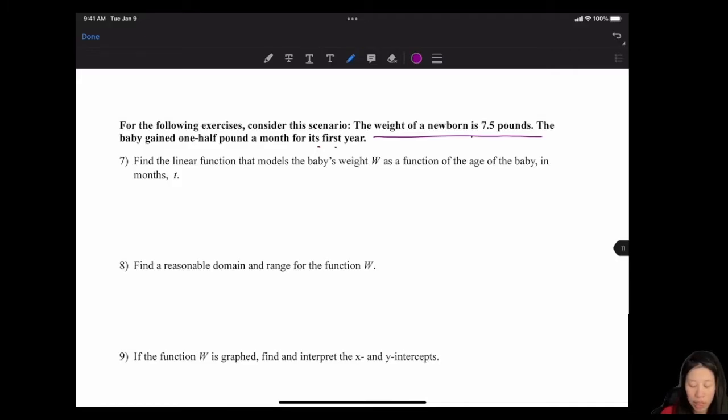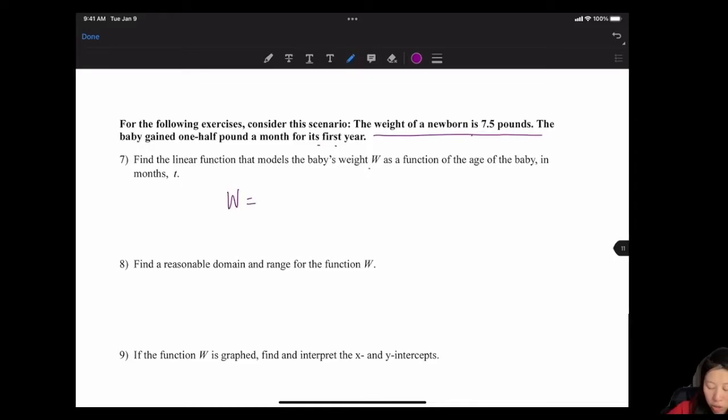Find the linear function that models the baby's weight W as a function of the age of the baby in months. The weight equals the initial weight when first born, 7.5, plus 0.5 pounds each month times the month t. But this only applies for its first year.